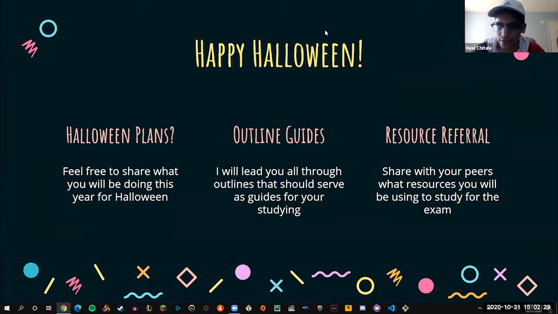And then our final activity will be a resource referral activity. I'm going to have an open slide, and everyone in here will be expected to contribute either one or maybe multiple resources that you are used to using for these exams when you're studying, and how well they work for you, so that other students also have the chance to utilize resources that they don't know about.